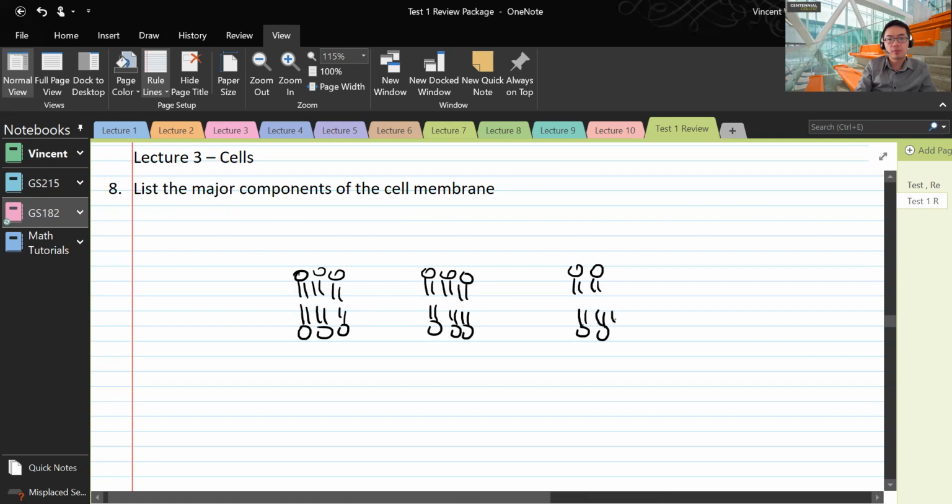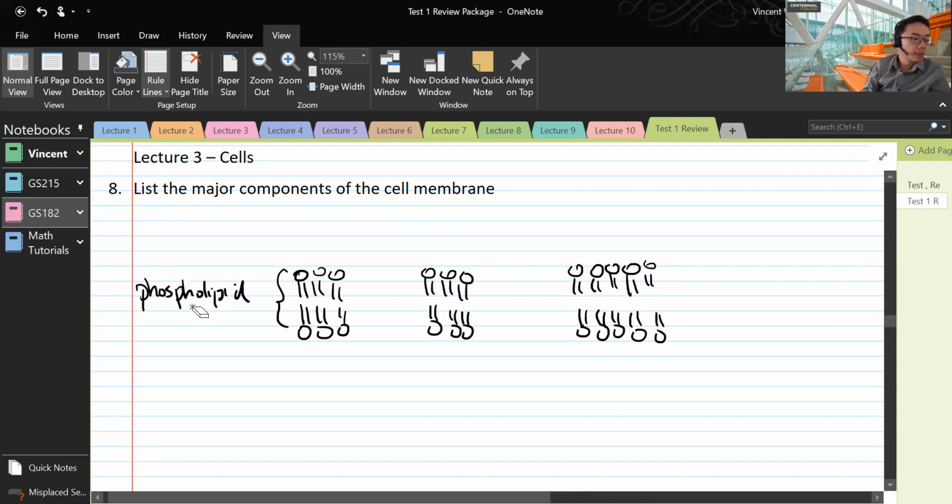Okay, so these things that I'm drawing, they are phospholipids, right? So of course, this is the phospholipid bilayer, with a hydrophobic core and the hydrophilic heads facing the outside as well as the inside.